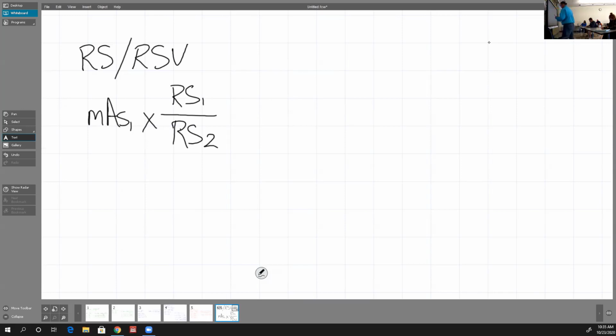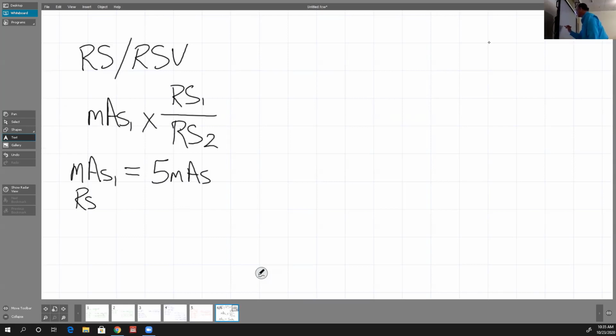Now remember, when we talk about these, let me get this written down here. So if we start off with a mAs of 5, and I have RS1 is 400, and RS2 is 200.